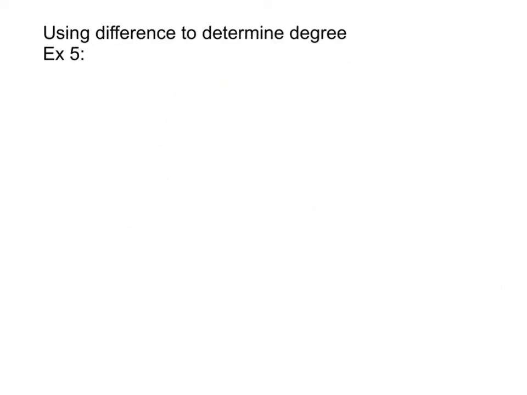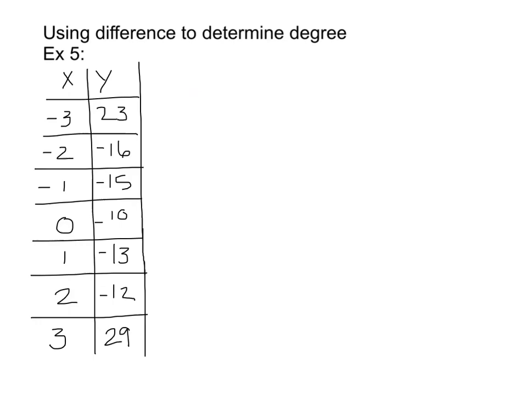Our last example today, we are going to be using differences to determine the degree of a polynomial. Okay, so you are given a table of values to determine whether these points give you a certain type of polynomial with the degree. So we are going to take the two y terms, we only care about the y terms, and we are going to subtract them to get the difference.